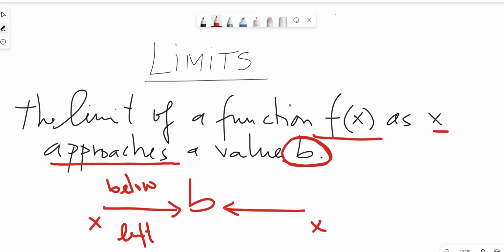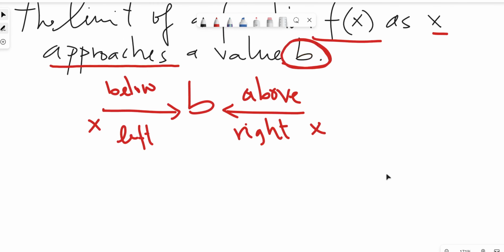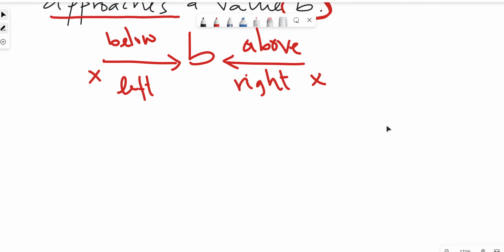In that instance, we talk about approaching from the right or from above. And there's a specific notation for each case. So let's go over how to write each type of limit.